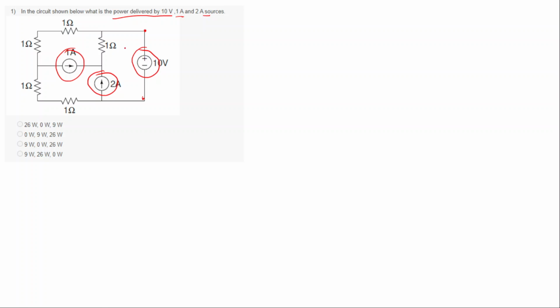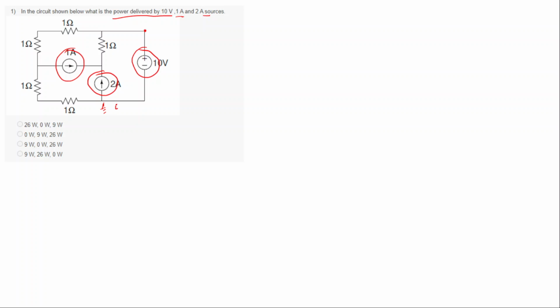We can solve this problem by any method. I was choosing mesh analysis, but you can choose any method; node voltage will be fine, and even easier. So let's apply node voltage then.